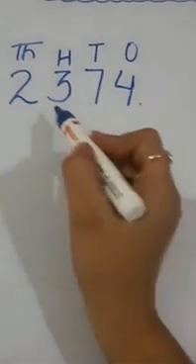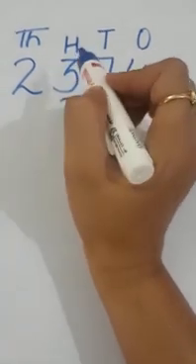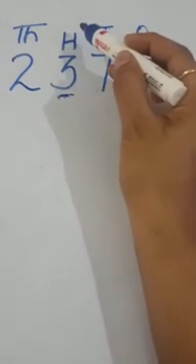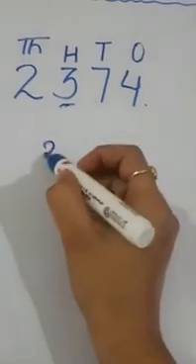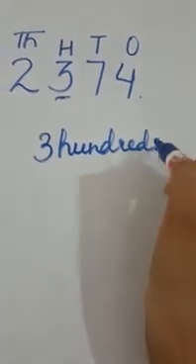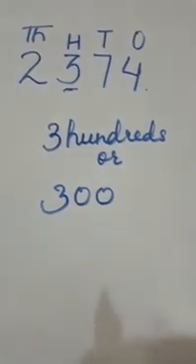Is it hundreds? No, it is 300. Hundreds is only the place, but when place value is asked, it is 300, or in figures you can write it like this, 300.